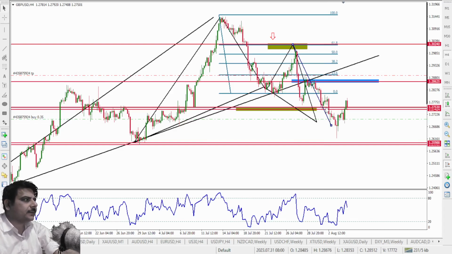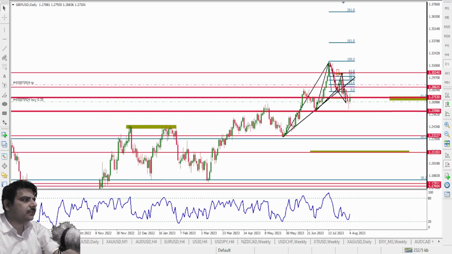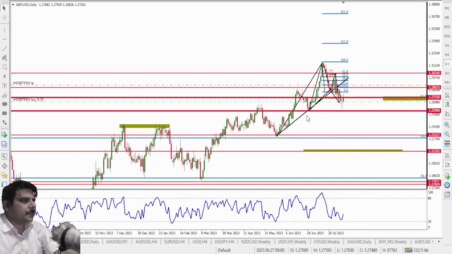Most of you who have been following me for some time now know that in the previous videos I discussed this impulsive wave, and then the market went back up and gave a bearish ABCD pattern.